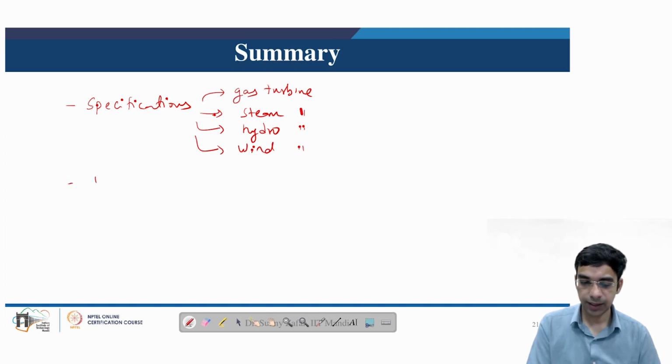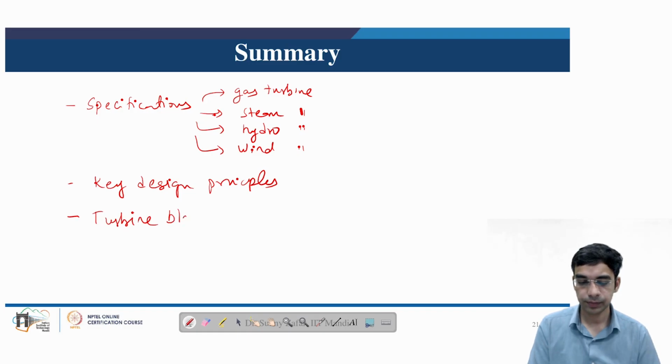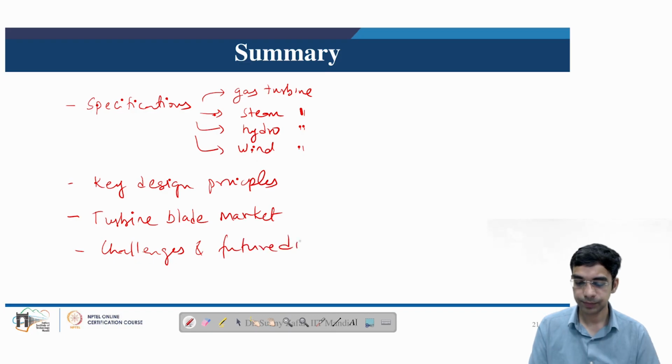Then we have looked at the key design principles. We have also looked at the turbine blade market. And lastly, we have seen the challenges and future directions with respect to design and manufacturing of turbines.